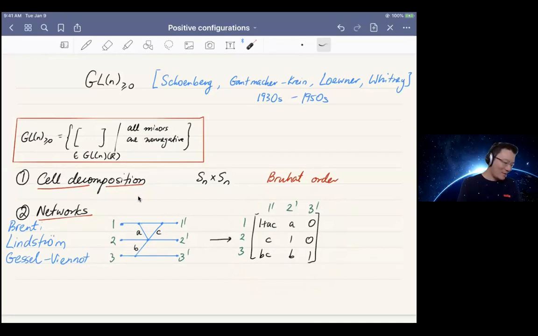And I believe Brenti was the one who observed that every totally non-negative matrix comes in this way. So there's in some sense a perfect correspondence. I think this network story is where algebraic combinatorialists got really into total non-negativity.